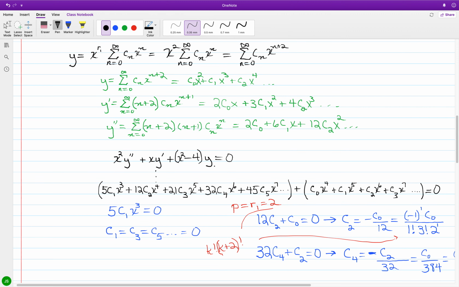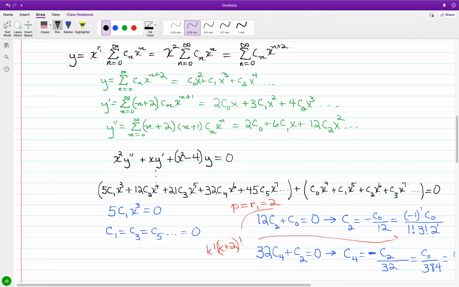Among the sets of terms, the lowest order term is going to be 5c1x to the 3rd. There is no other cubic x expression that exists. If I set this to 0, c of 1 is automatically equal to 0. And we have the same domino effect as what we had earlier: all the other odd-valued subscripted constants will end up at 0.